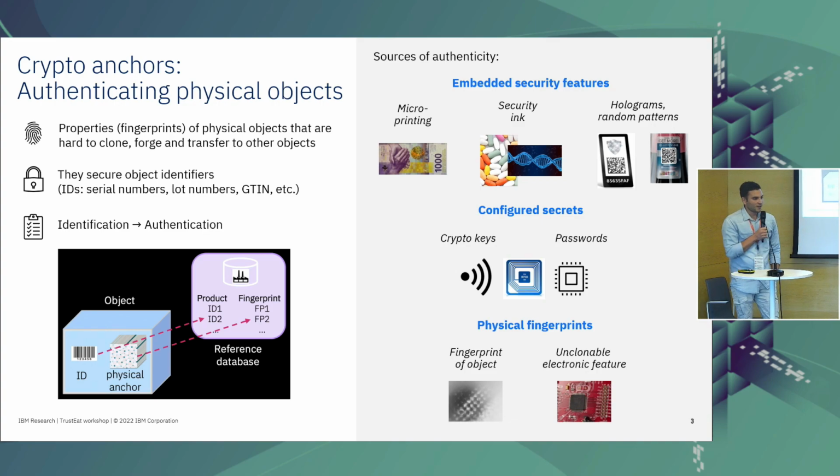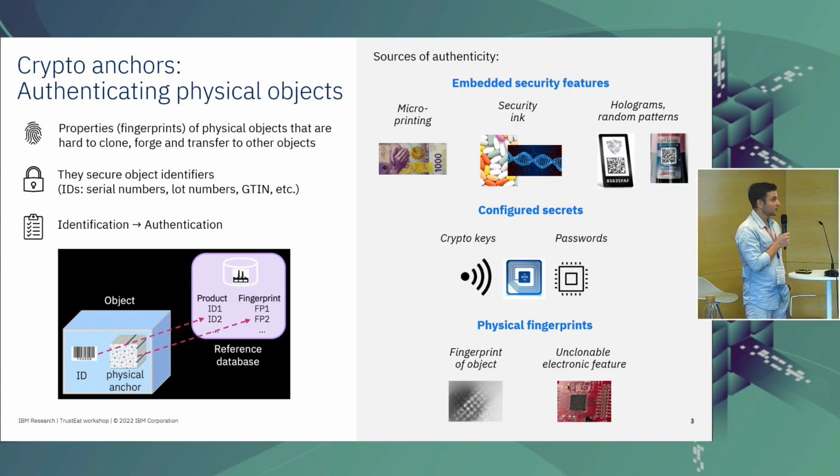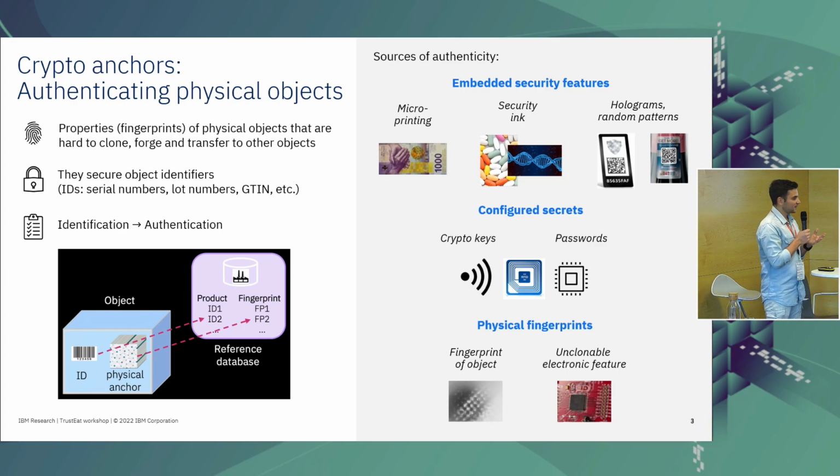And of course, the crypto anchor is really important, is necessary, because if we are able to uniquely identify that physical object, then we can authenticate the object, and therefore in all the possible verification flows that we will have in the different applications, we can use the crypto anchor in order to securely identify the object.